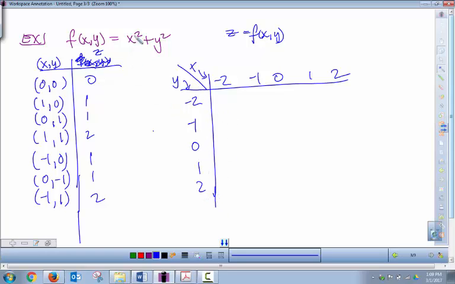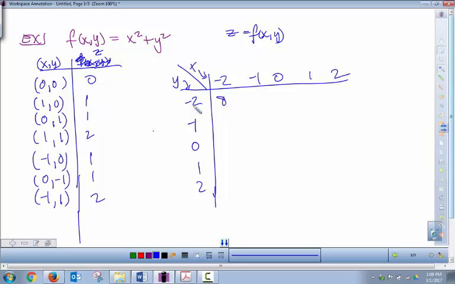And by making a table, we just plug it into this formula where we have -2 squared plus -2 squared, 4 plus 4, I think that's 8, right? So this might be a little faster than the old-fashioned table that we used to have.